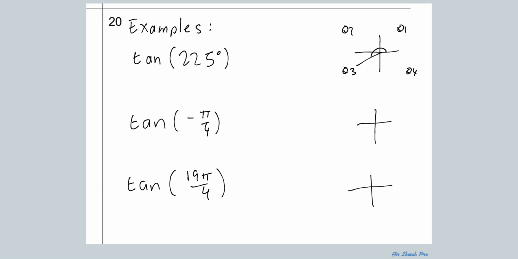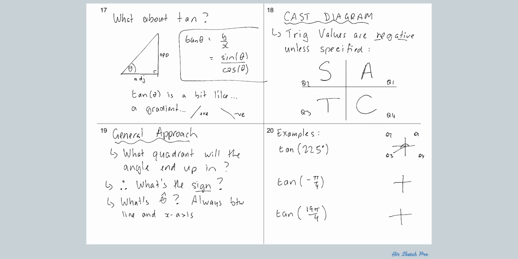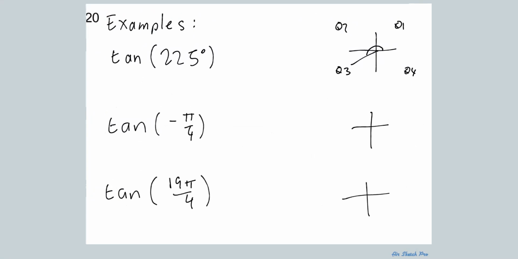Okay, all students take care, or CAST, C-A-S-T, so will tan be positive or negative? Tan is positive, yeah. So remember, the letter represents it is positive there. Everything else is negative. Okay, so tan is positive. So now I work out what tan of the acute angle is.